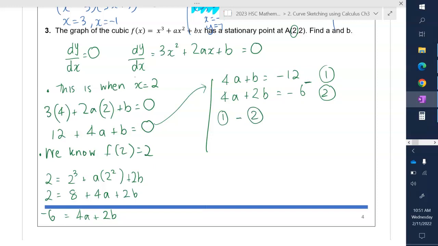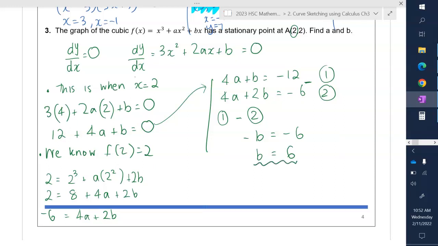4a minus 4a is nothing. b minus 2b is minus b. Minus 12 minus 6. So minus 12 plus 6, that's where the problem is going to be, is going to be minus 6. Divide by minus 1, b is equal to 6. That's our first answer.